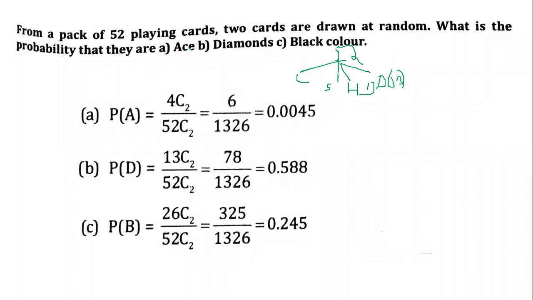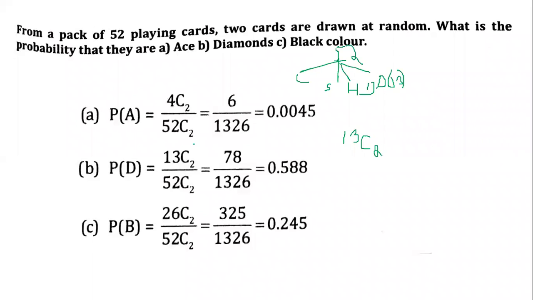Okay, so here they're asking us to select two cards, and both the cards we are expecting to be the diamond card. So out of 13 cards, what is my favorable event? Out of 13 cards, I am supposed to draw two cards. That is my favorable event.